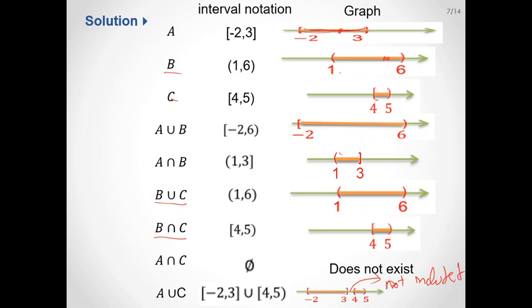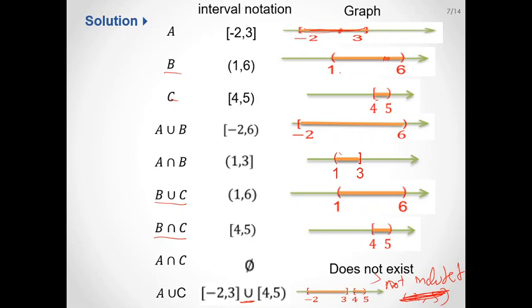So in this case, we just use union. This union doesn't include this part here. If it was included, I would say -2 to 5. But this is not true, because this part is not included.